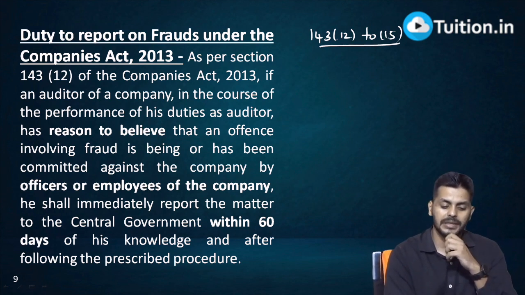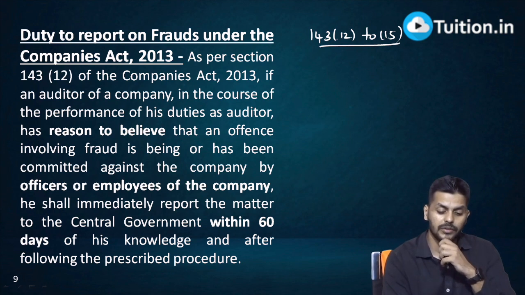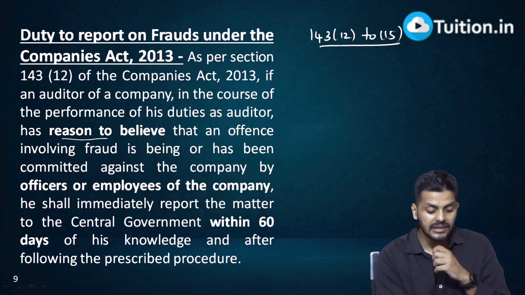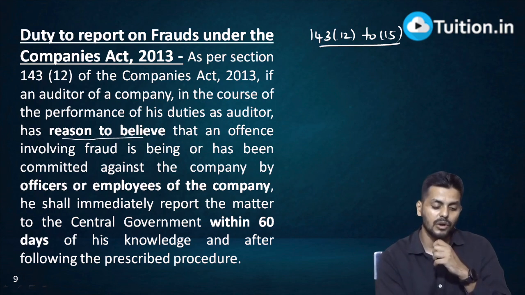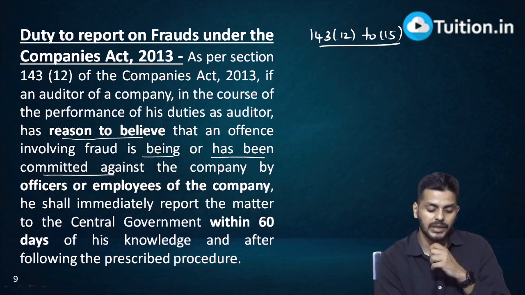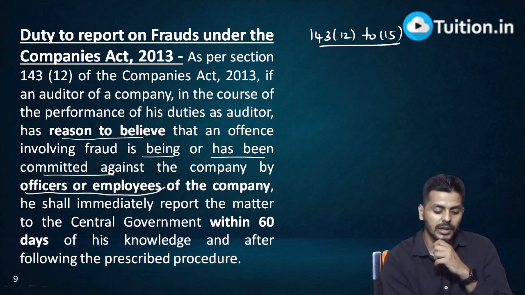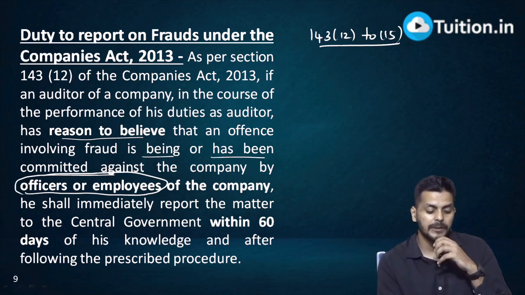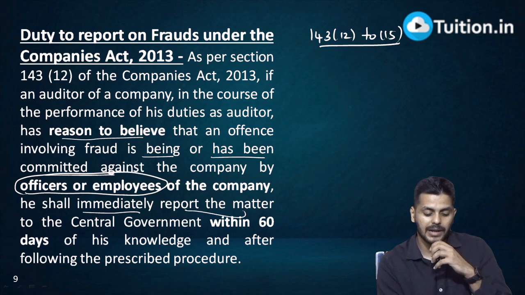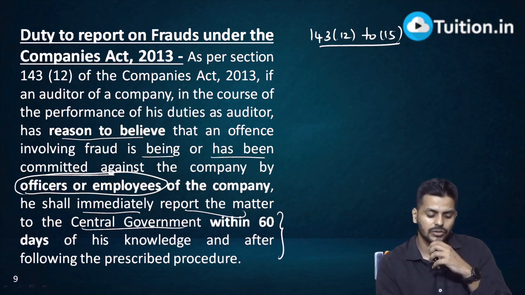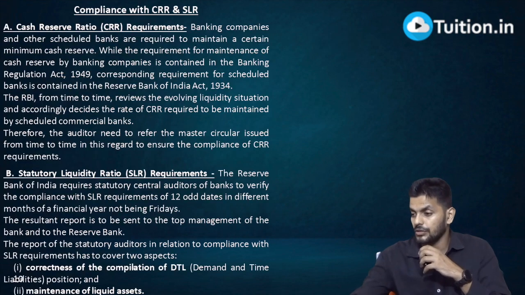If the auditor of the company, in the course of the performance of his duties as an auditor, has sufficient reason to believe that an offence involving fraud is being or has been committed against the company by officers or employees of the company, he shall immediately report the matter to the central government within 60 days of the knowledge, following the prescribed procedure.